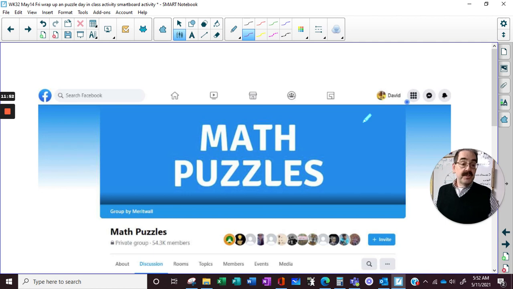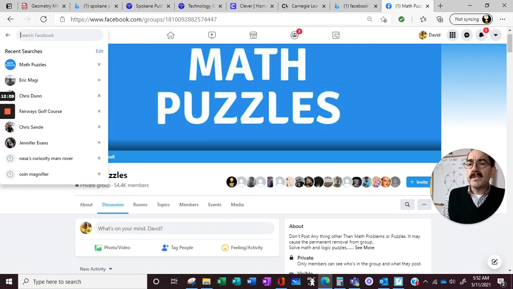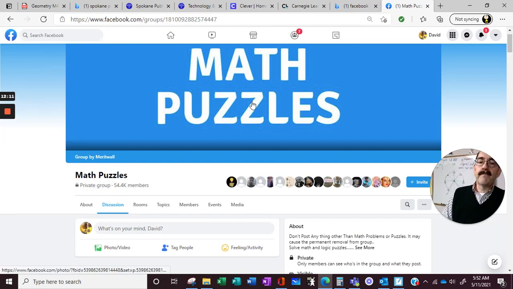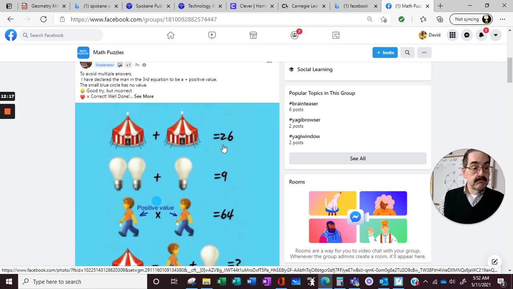All right, for those of you that love math and those of you that love Facebook, you want to go to Facebook and just type in math puzzles. So we're going to go to the internet, we're going to sign in, and we're just going to type in math puzzles. Okay, boom. On math puzzles, every day they post a problem. Some of them are hard.